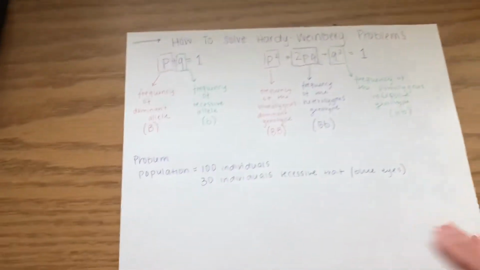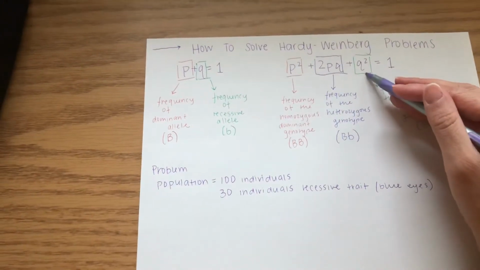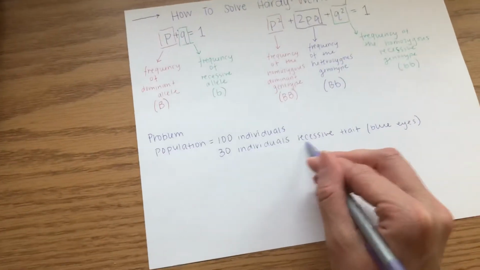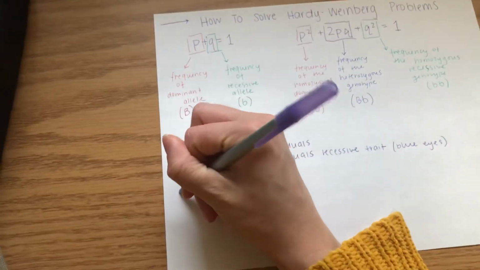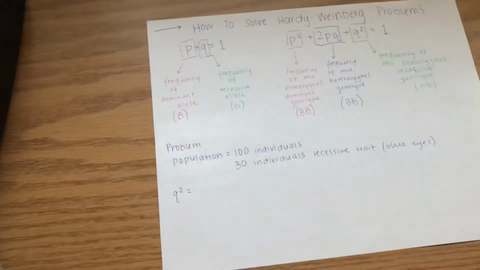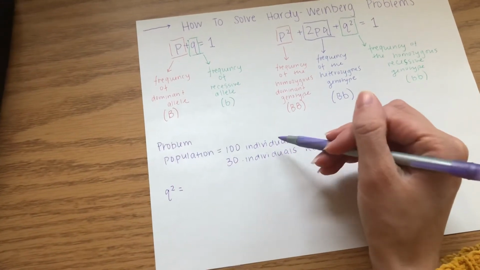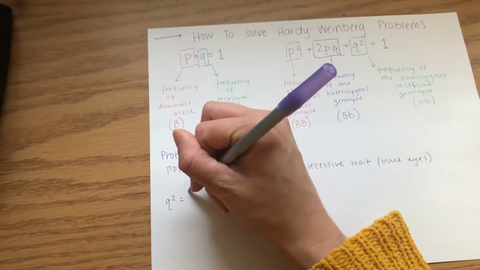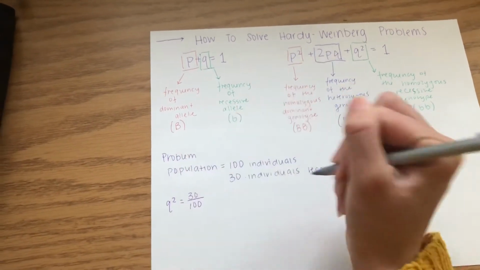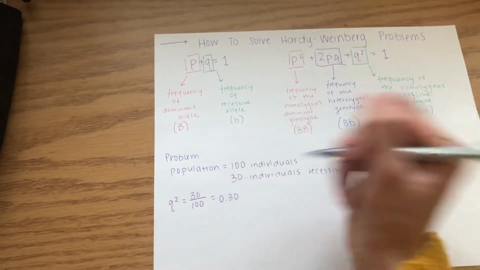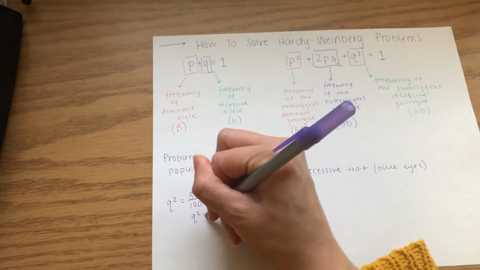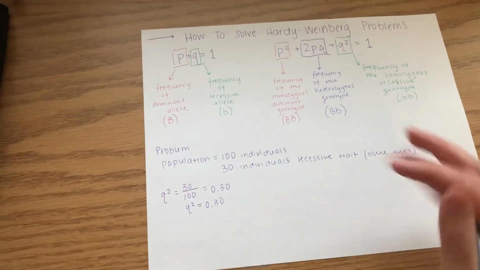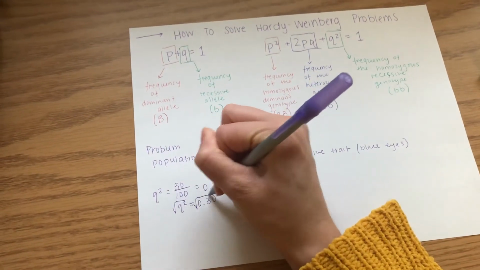So the very first thing that we want to solve for is this Q squared. Okay? In any problem, you always want to solve for Q squared first. So right away we know the recessive genotype, right? So Q squared is going to be 30 individuals divided by 100 because it is the frequency of that recessive genotype in the population. So we're going to do 30 divided by 100, and that's going to give us 0.30. So now we know that Q squared equals 0.30. Now what we're going to do with this information is we want to take the square root and just find Q by itself.